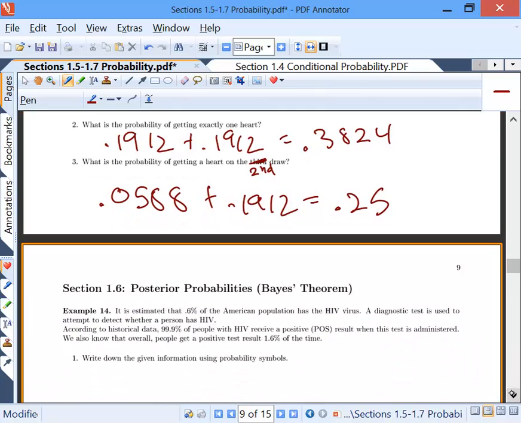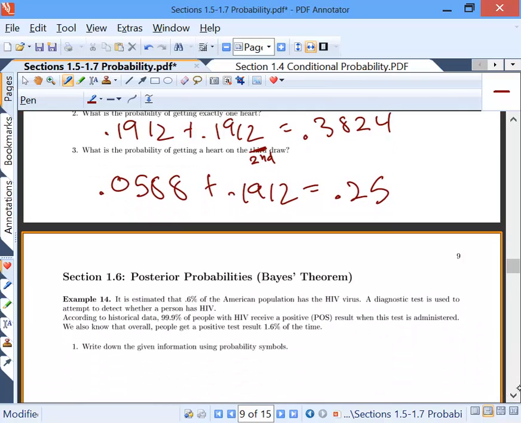Then let's move on to section 1.6. Posterior probabilities is what our book calls it. Usually we call it Bayes' theorem. There's actually a whole bunch of statistics that revolves around this one section. So example 14.